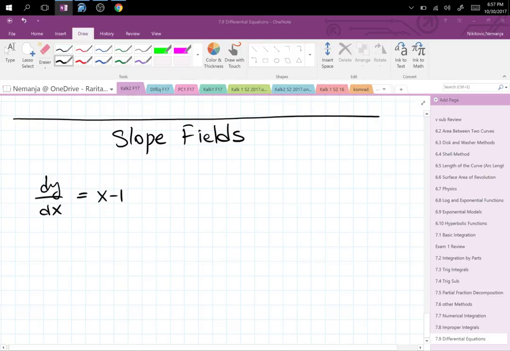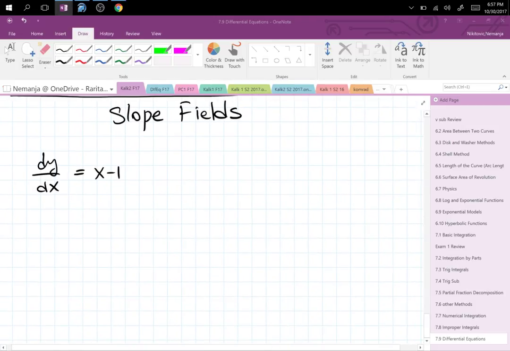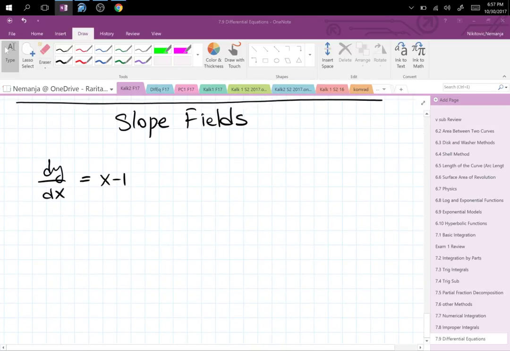Now we can solve this, right? But I don't want to. I want to use the graphical method. The first thing we realize is that this is the first derivative, and the first derivative is related to the slope of the tangent line.